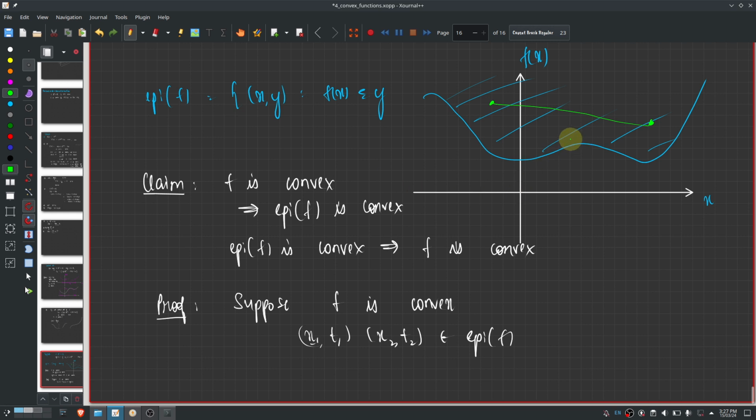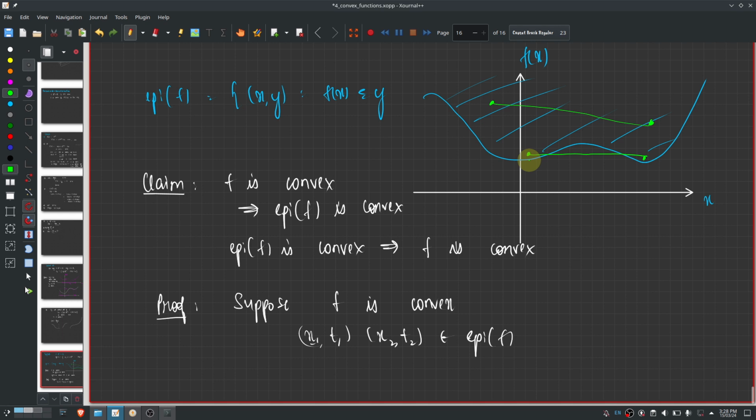Okay, if in this particular example, where the function is not convex, I could potentially take this point and this point, in which the straight line joining the points does not lie above the curve. So if you think about this, this is only a slight generalization of the definition of convexity, right?